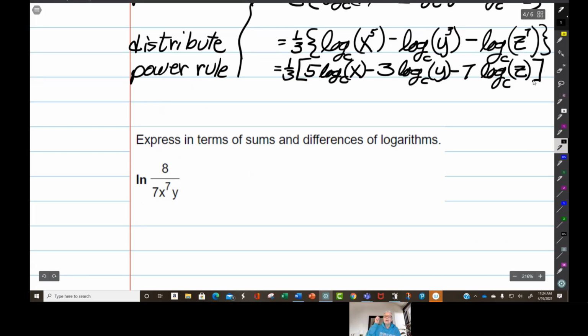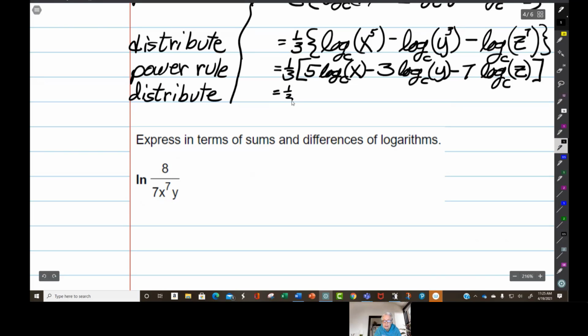And finally, the last step. Almost the last step anyway, distribute. We're going to distribute the 1/3. 1/3 is going to be multiplied into all 3 of these terms.